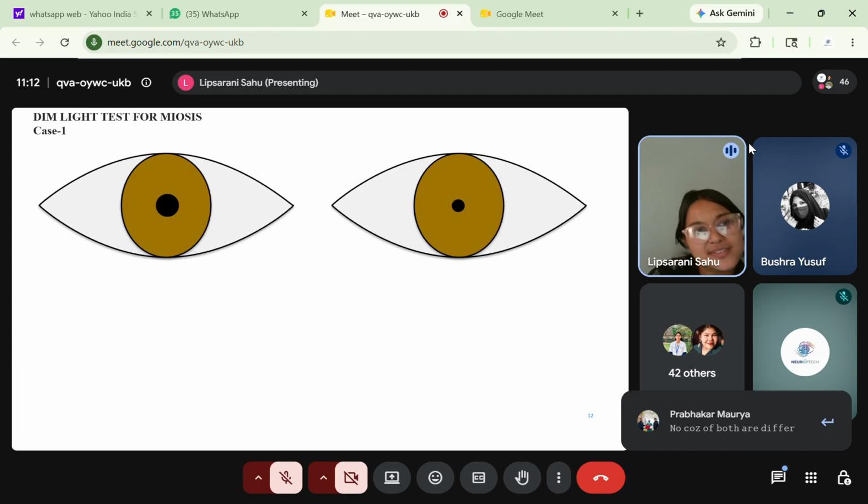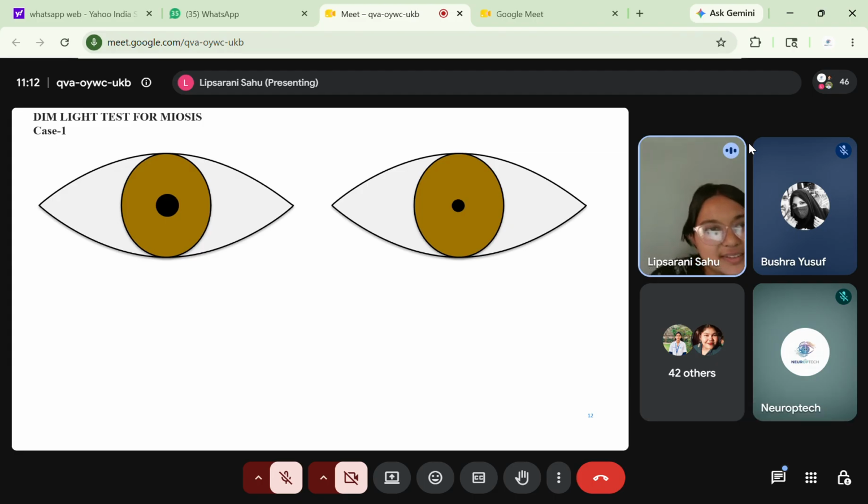Let's discuss some cases. In the dim light test for miosis, in case one, I am referring the direction for examiner purpose. If this is the patient's right eye, this is the small one, this is the bigger, and this is the smaller.